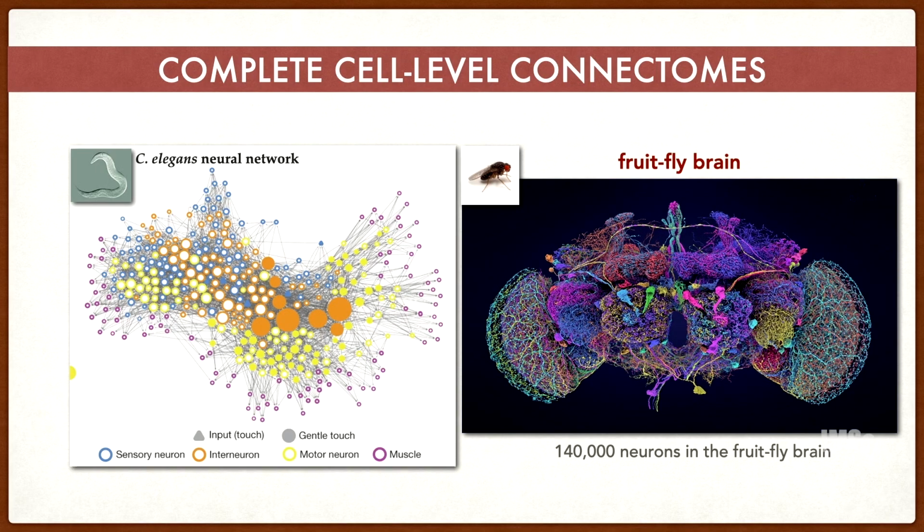So far the full connectome that we have is for only these two. For other species, we do have cell level mapping for different brain regions, but for these two species we have the full complete cell level connectome.